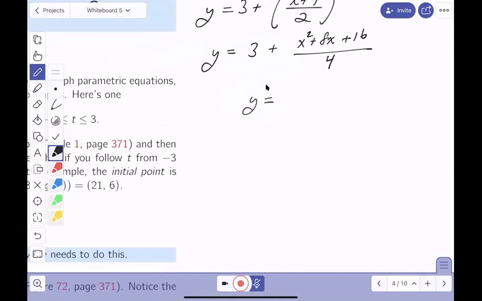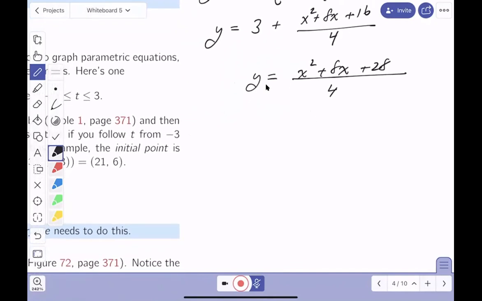Y equals 4 x squared plus 8x plus 16 plus 12 plus 28. All right. What do I know about this guy over here? It's, let me write down a little different than this. 1/4 x squared plus 2x plus 7 is an equation of a parabola.